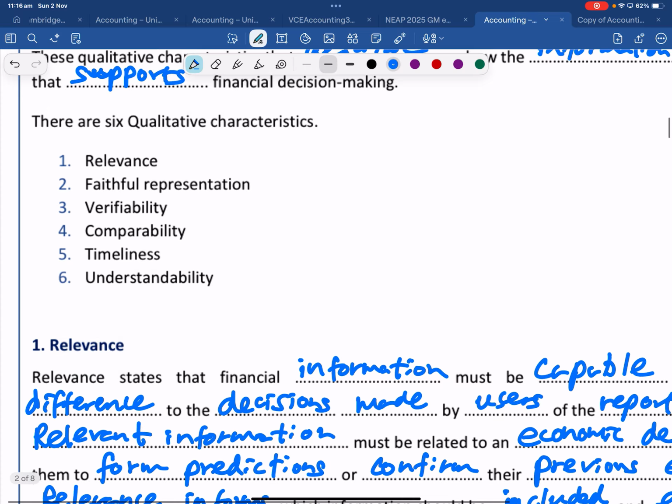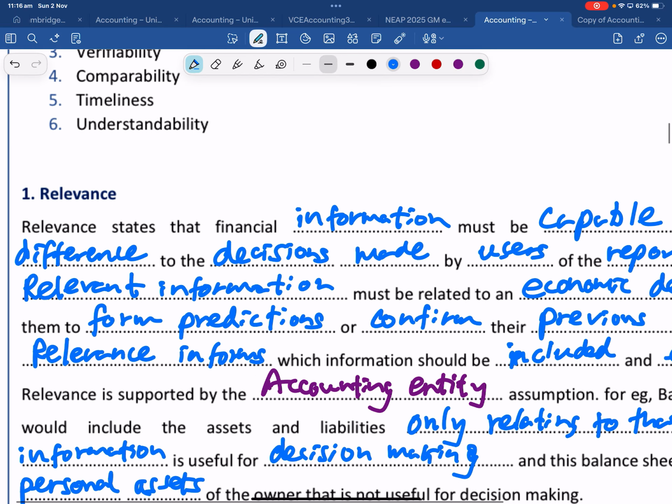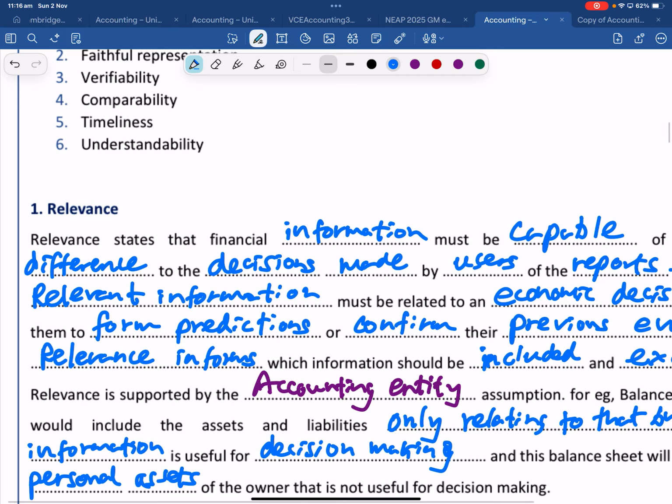Okay guys, now having explained the characteristics, the first one is relevance. Now this definition is the full definition that is available in your textbook, right?